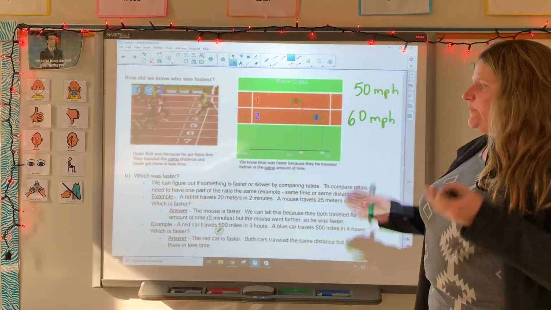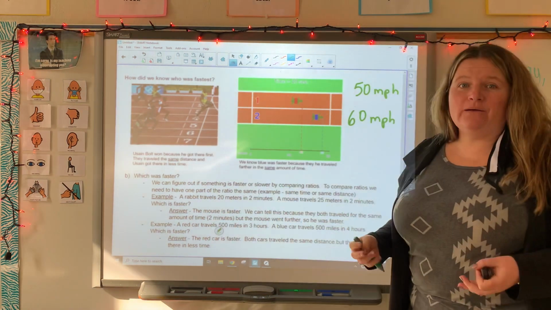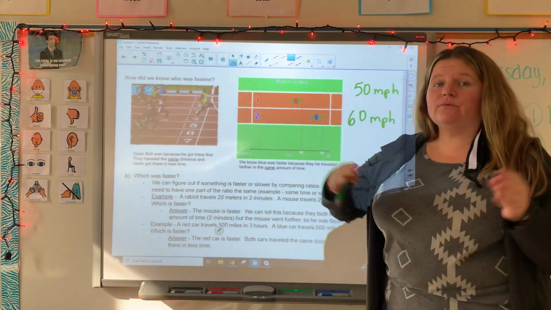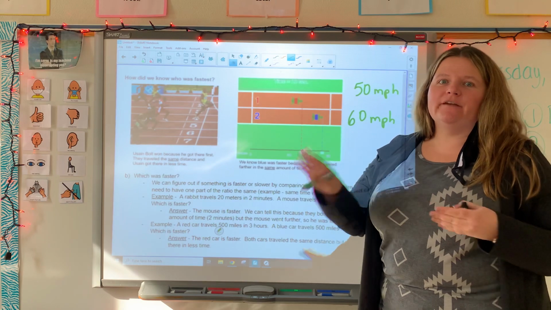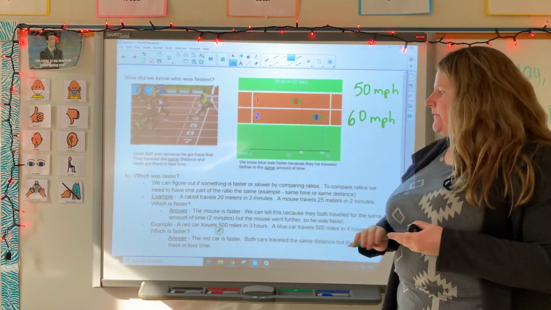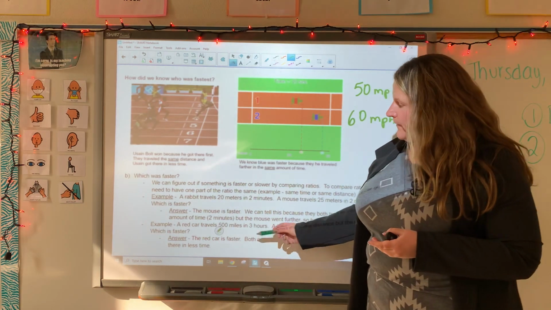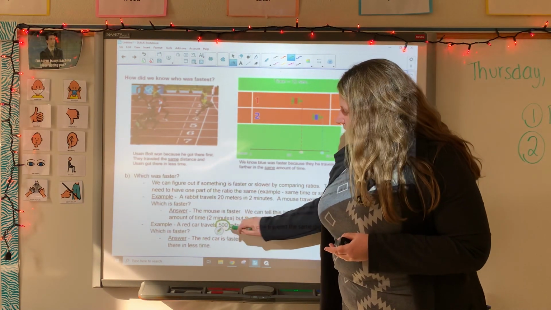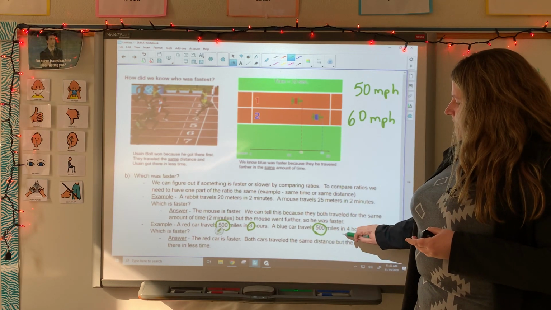But sometimes we might have different numbers. So if you remember Usain Bolt, we saw that he was fastest because all the people ran the same distance, but he got there first, so his time was less. So that's actually like my second example here, that the red car is going 500 miles in 3 hours, and the blue car is going 500 miles in 4 hours.